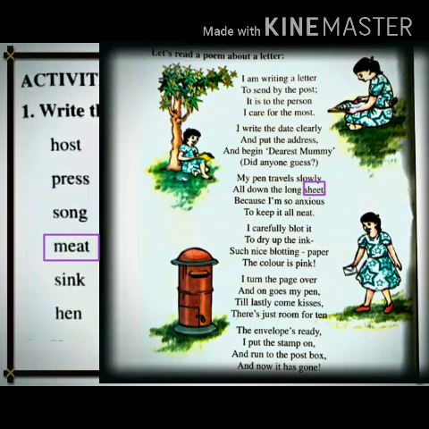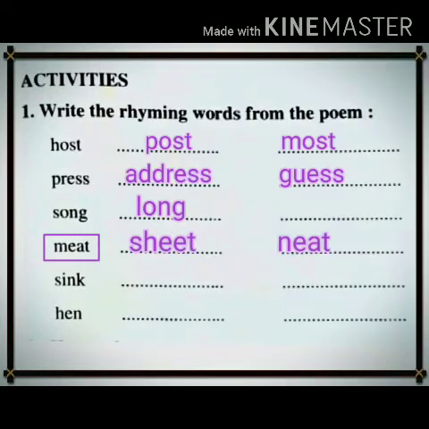Let's continue reading. Because I am so anxious to keep it all neat. Listen to the word carefully. Neat. Here neat is the second rhyming word for the word meet. Meet, neat. So the rhyming words for the word meet are sheet and neat.